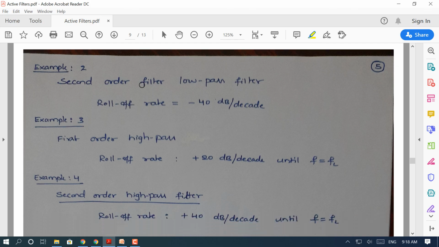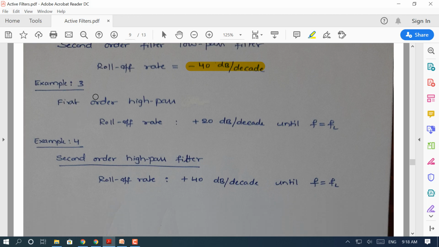For the second order low pass filter, the roll off rate is going to be minus 40 dB per decade. That means the signal frequencies are attenuated at very high speed in the second order filter, because the roll off rate is minus 40 dB per decade. The same thing can be applied to other filters like the high pass filter.